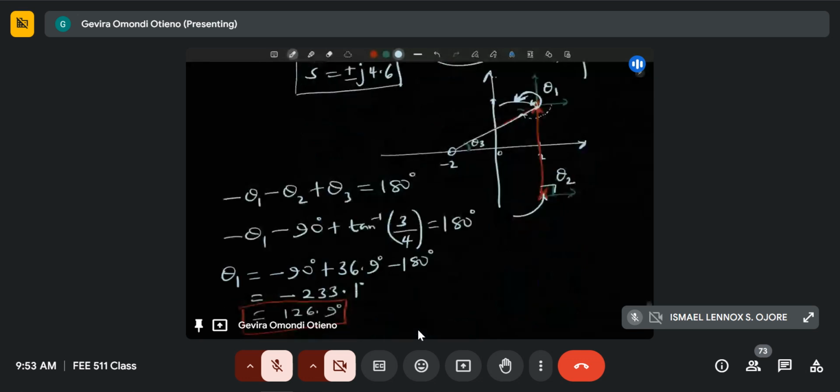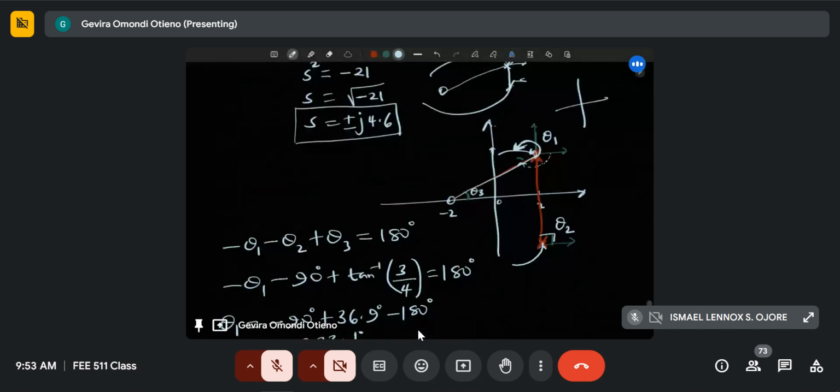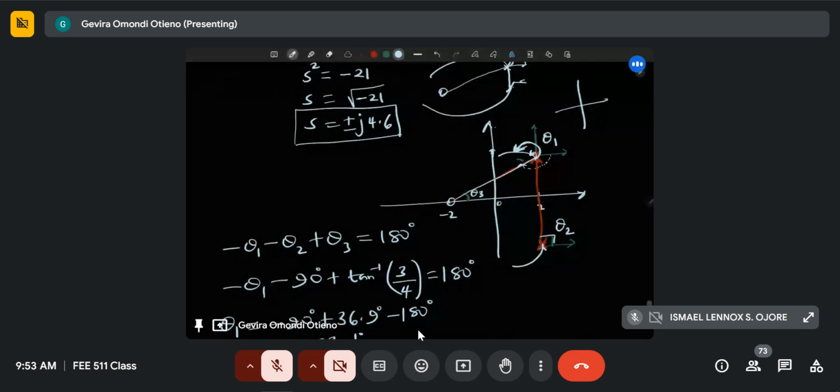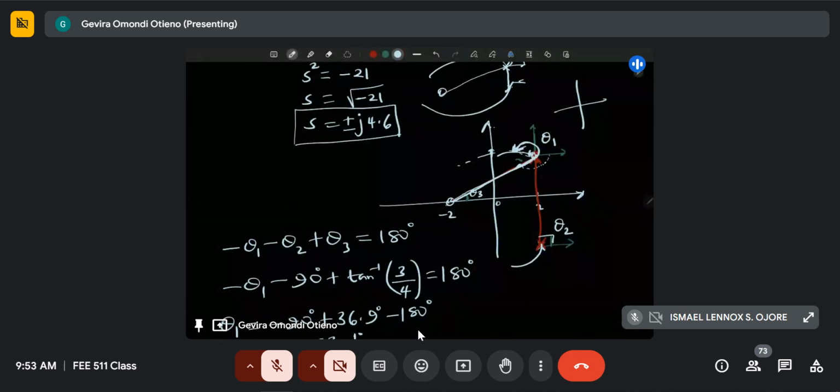It does not deviate. It does not move from the pole in a straight line onto the zero. It's going to the zero, yes, but it has to follow the root locus, it has to follow the path. So the first angle onto that path is what we call the angle of departure from the complex pole.